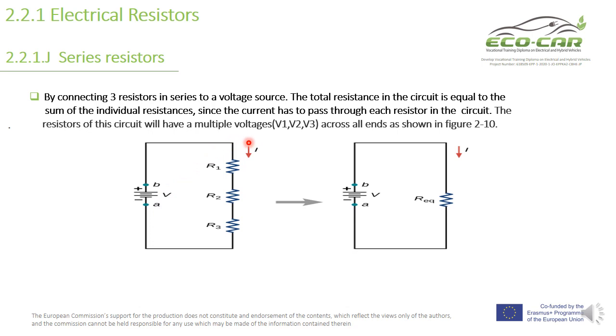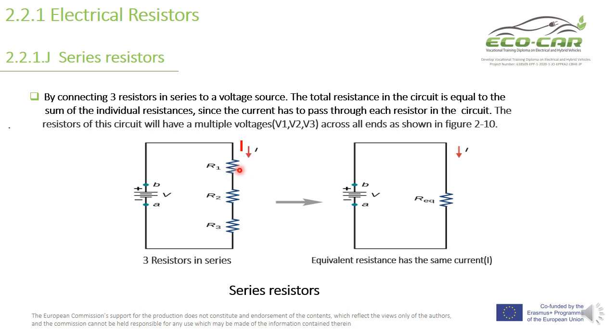So this is the circuit, three resistors in series. The equivalent resistance has the same current. So this current has to pass through each resistor. This current will pass through R1, R2, R3. So in this circuit, the resistors will have different voltages.